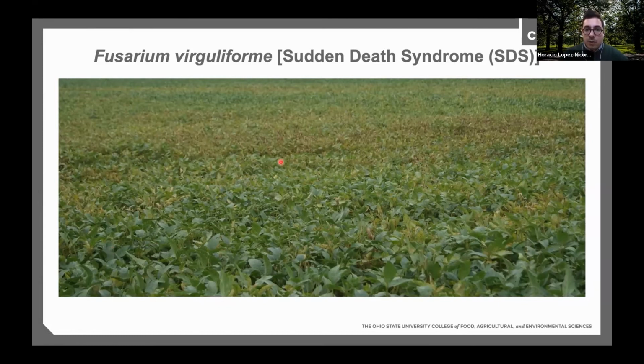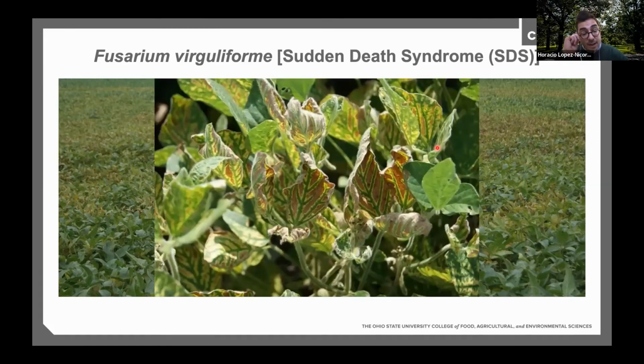So we're driving, passing through our nice soybean field, and we see these areas again aggregated, this patchiness of leaves wrinkling up, drying prematurely, and then we get closer and closer to that area, and we see these very characteristic symptoms where the leaf is dying, but the veins remain green.